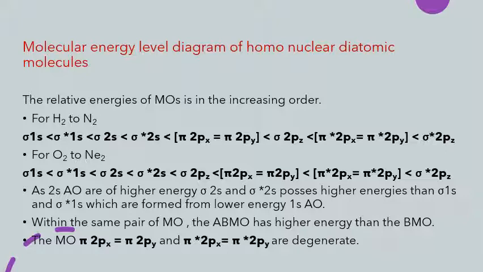Here we can see the order from hydrogen: sigma 1s, sigma star 1s, sigma 2s, sigma star 2s, pi 2px, pi 2py, sigma 2pz, pi star 2px equal to pi star 2py, and sigma star 2pz. Whereas for the atoms from oxygen to neon, there is a slight variation. The sigma 2pz orbital has somewhat less energy here than in the previous case.